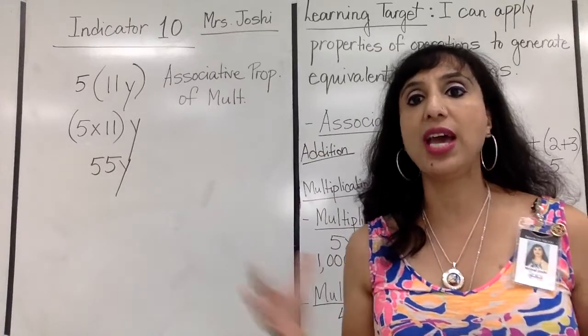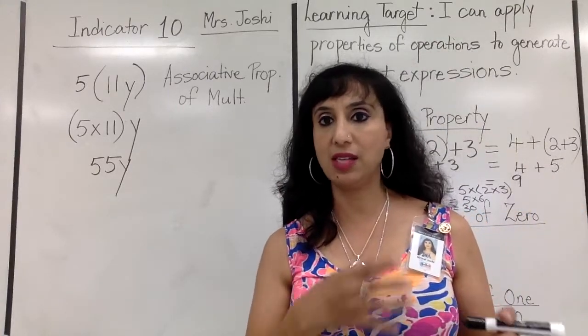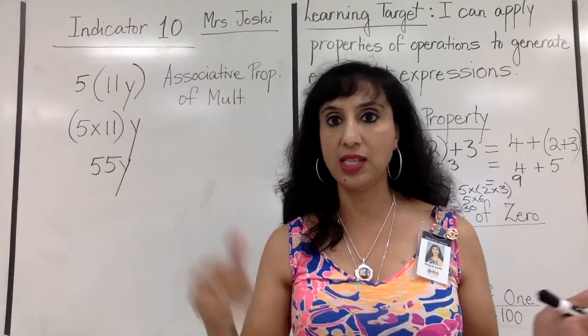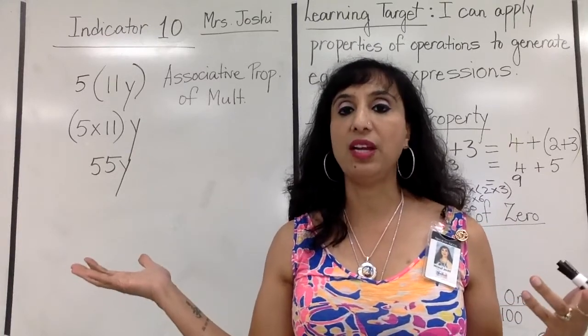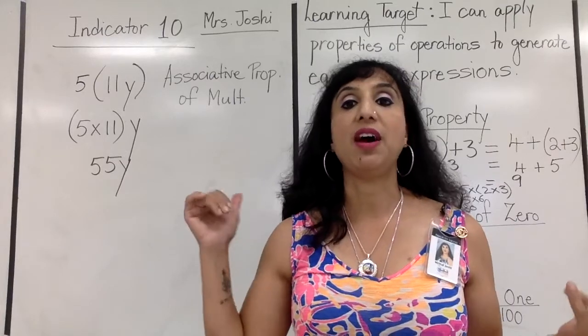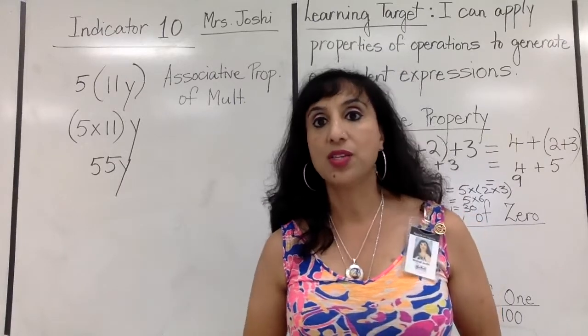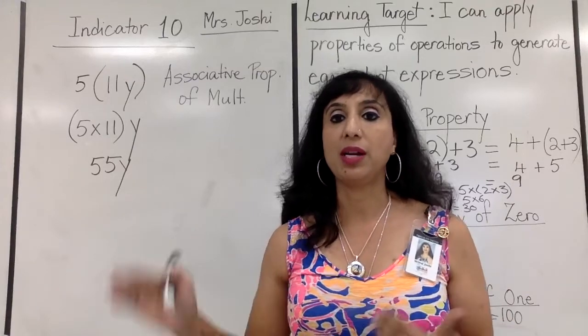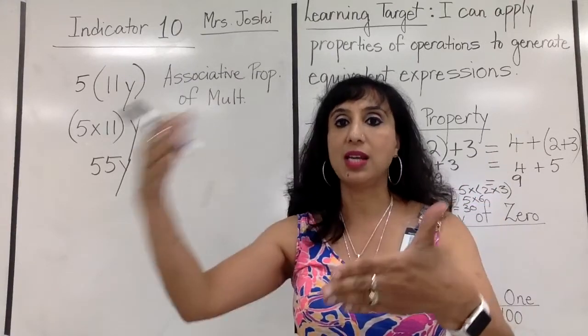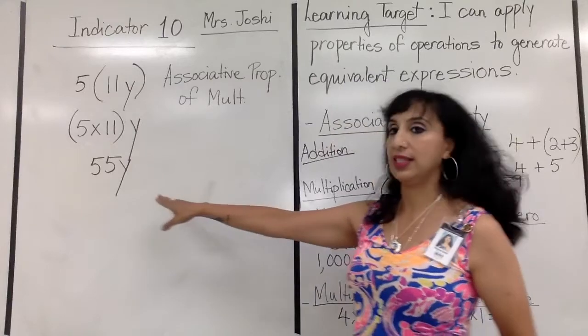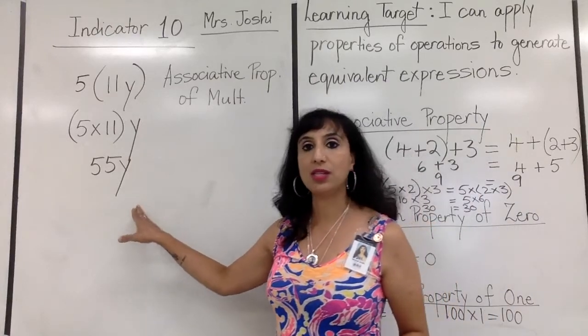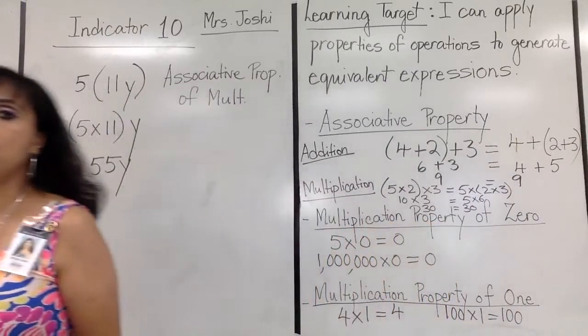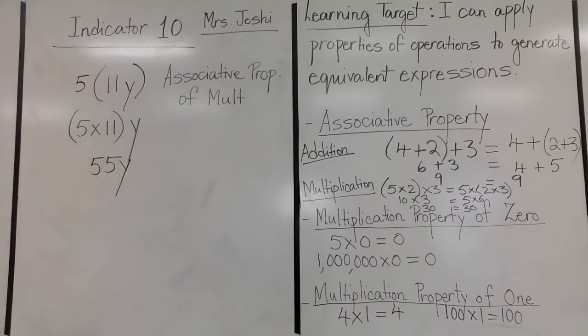We cannot squish the numbers together in addition because that's something totally different. x plus 55 is very different from 55x. So in addition, you just cannot combine them together, but in multiplication, you can multiply this times this times this. Okay, so this is your multiplication. Use the associative property of multiplication.